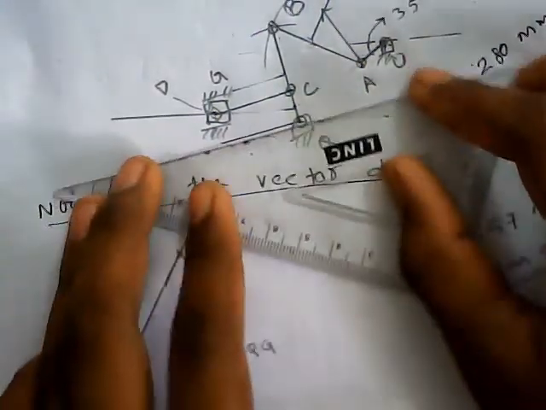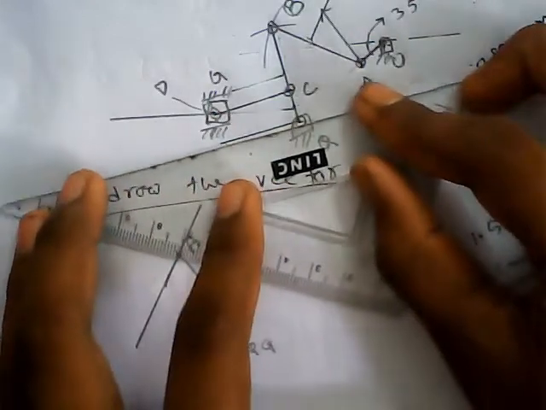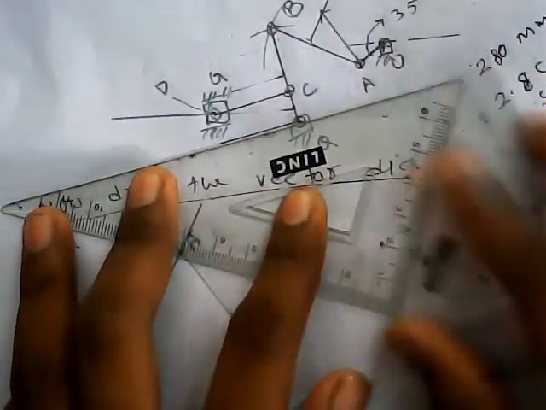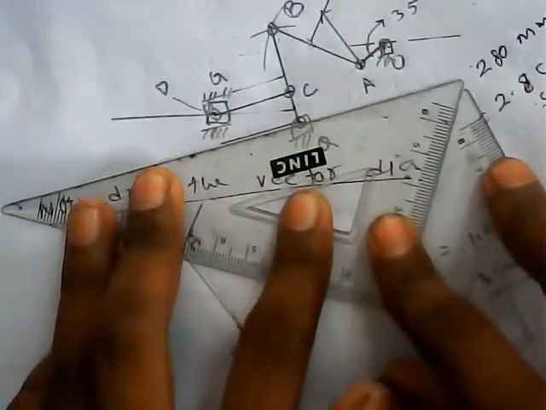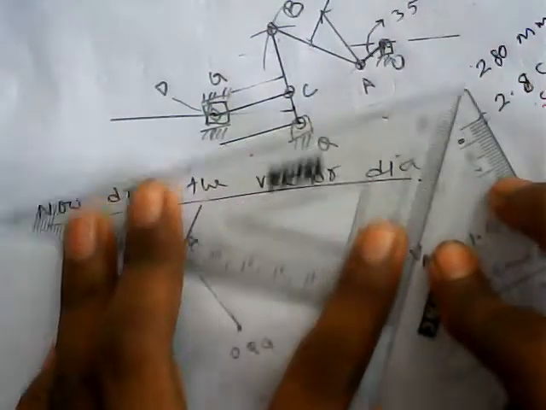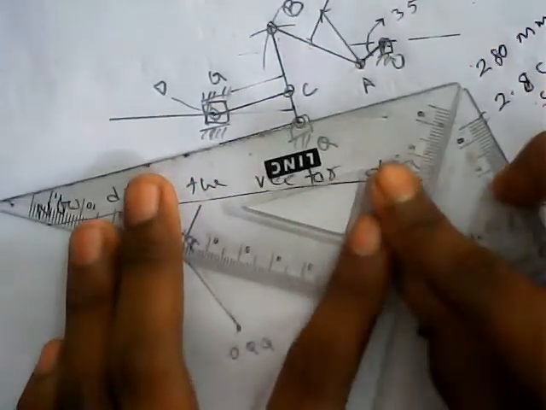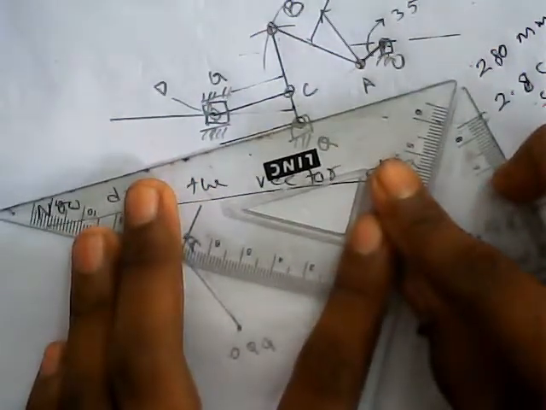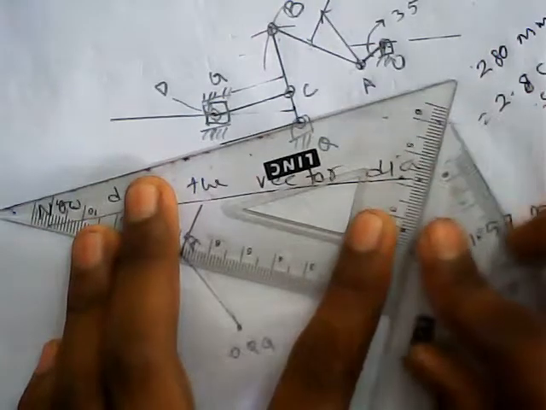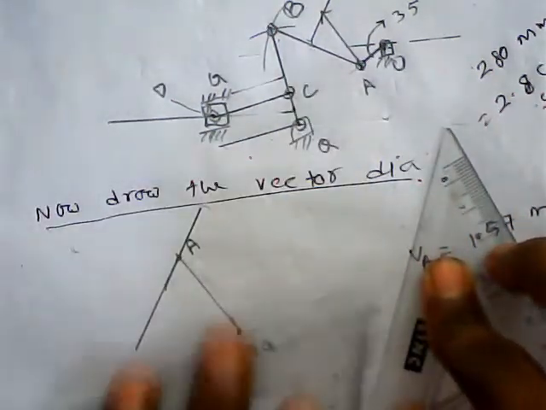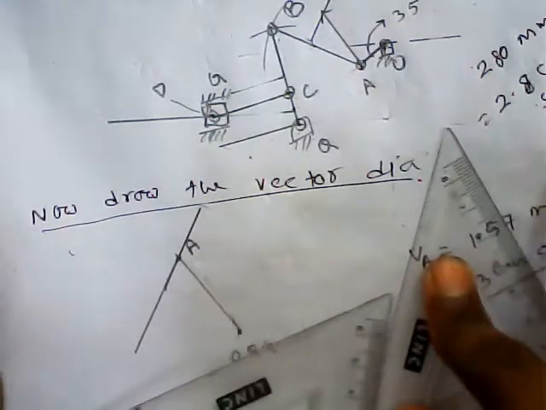C is the intermediate point on the link QB. So velocity of B with respect to Q, which is passing through Q, is perpendicular. So draw the perpendicular line from Q, the fixed point.